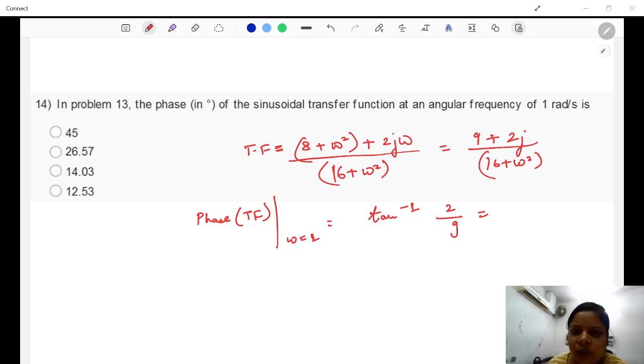What is tan inverse 2 upon 9? 12.53. Very good. It is 12.53 degrees. So this is the way in which we find out the angle.